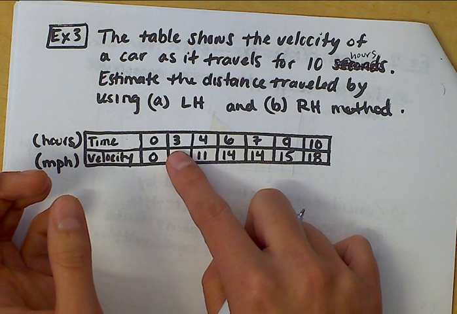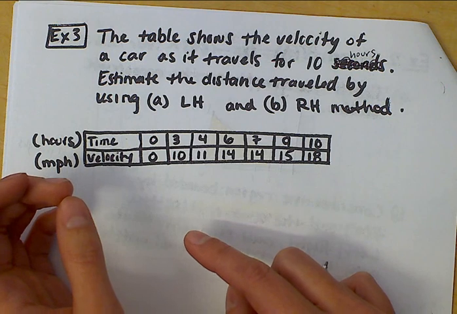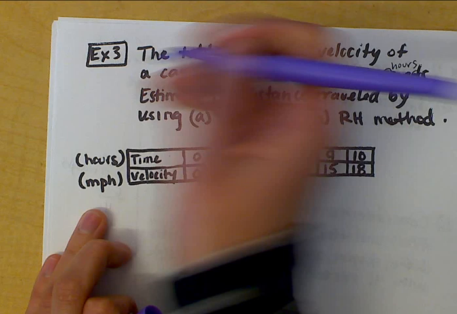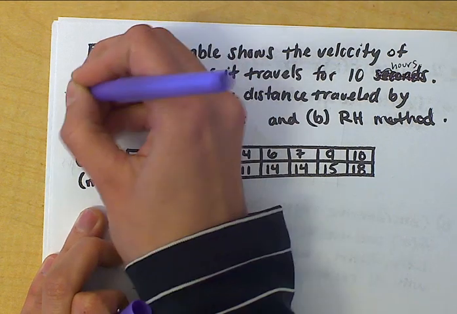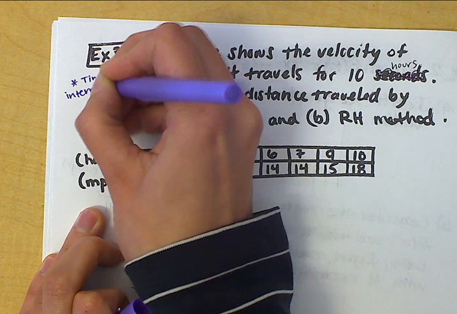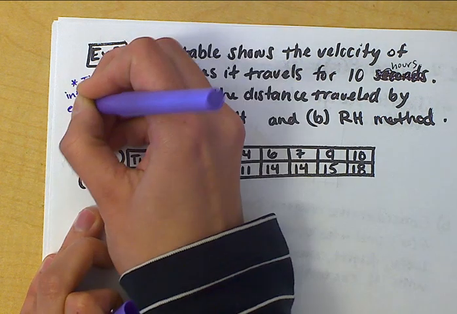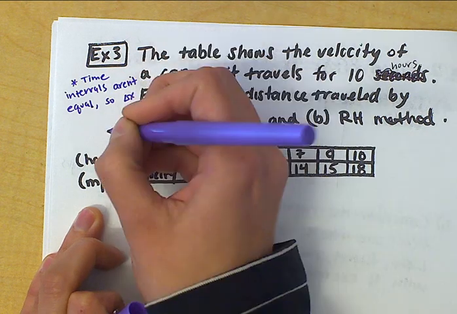So we have to be a little careful because the change in x is going to be different. So let's make a little note of that. The time intervals aren't equal. So the change in x is changing.